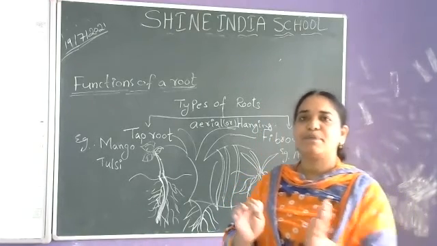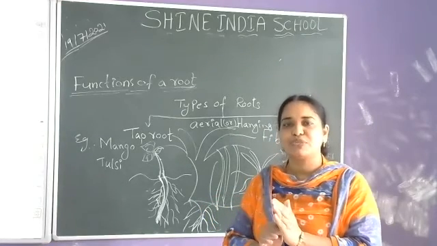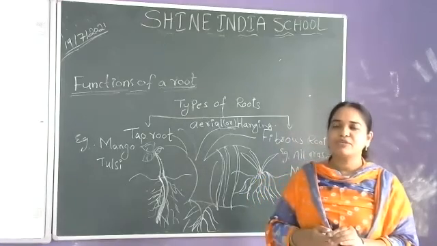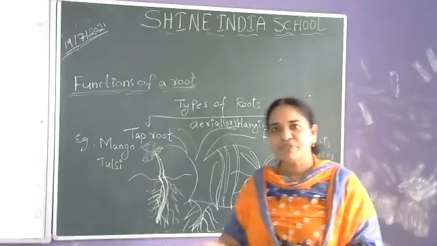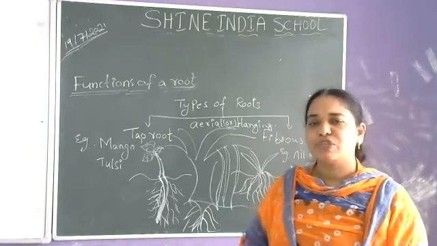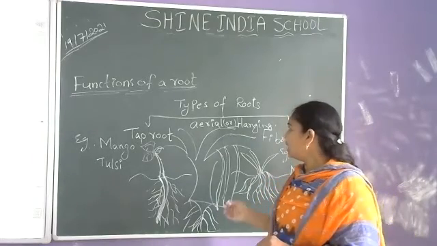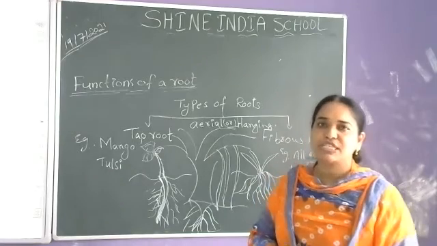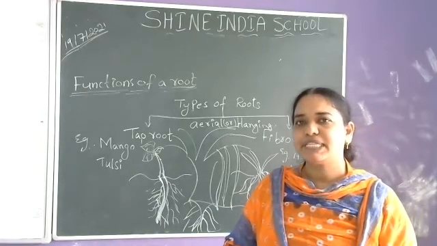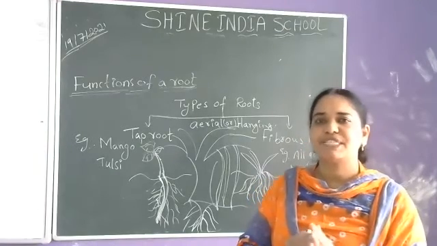The plant stores food in these roots, and we eat them because they are very nutritious and provide nutrients for us. Are you clear about the functions of stems and roots? Children, please respond.